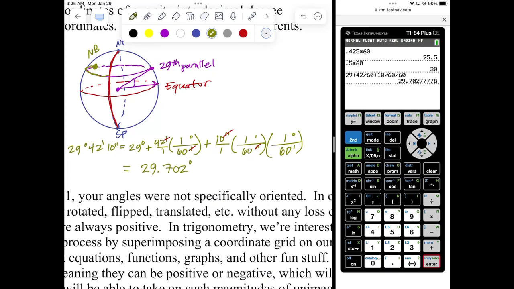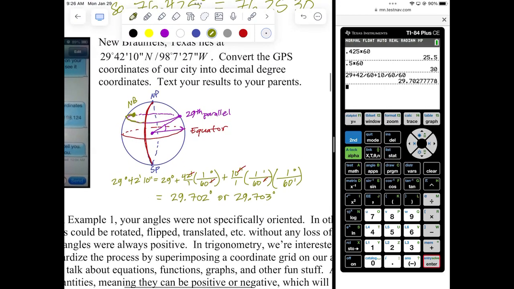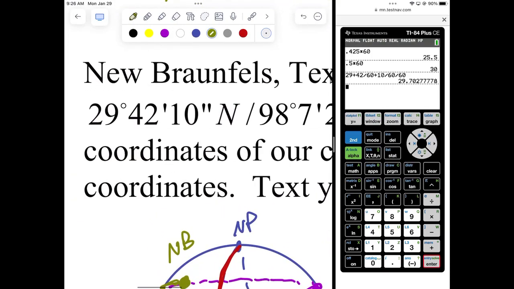29.702 decimal degrees or 29.703 decimal degrees. We round or truncate to 3 decimals. Now, which one do we probably have a better intuitive feel for? DMS or decimal degrees? Do you understand DMS? Like if I say 29:42:10, you kind of have an idea of how much to rotate past 29? I don't. I sure don't.